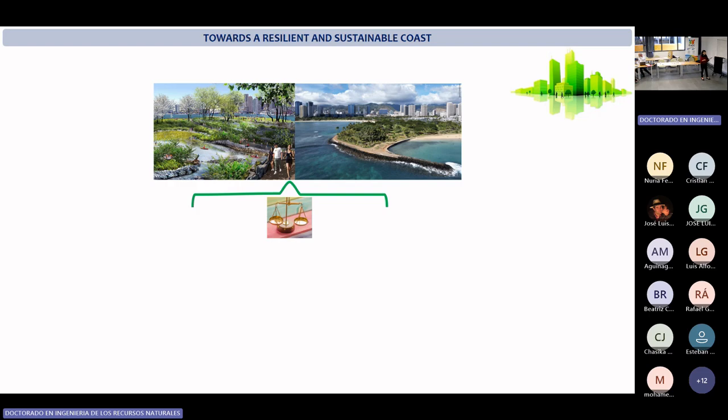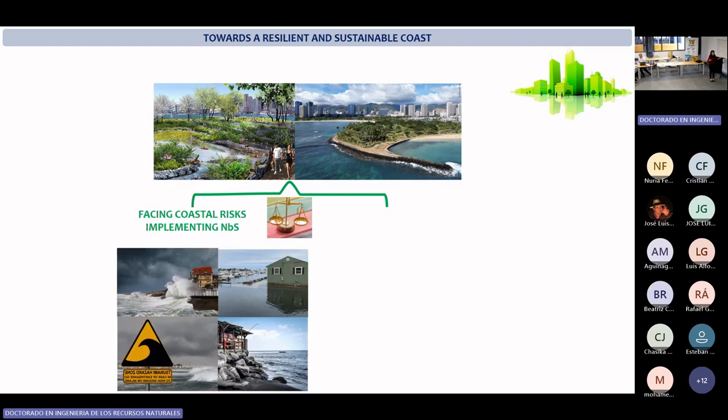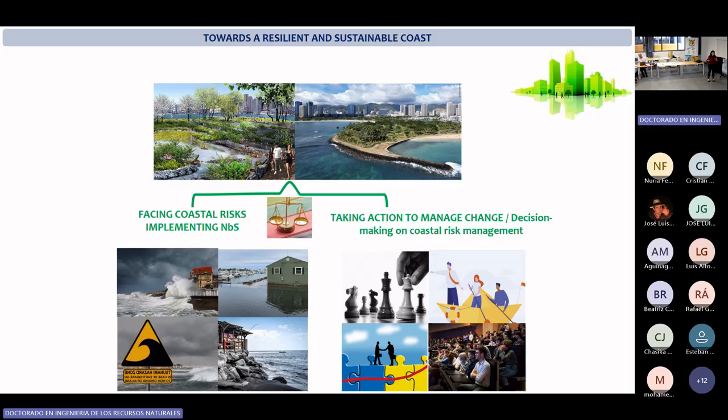So finally, I will just finalize by this: at the end, resilience is a balance between facing coastal risks, implementing nature-based solutions, and taking actions to manage. So this is the science, fantastic, but you need to take decisions. Decision making on coastal risk management is very important.